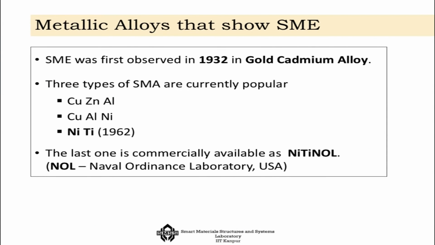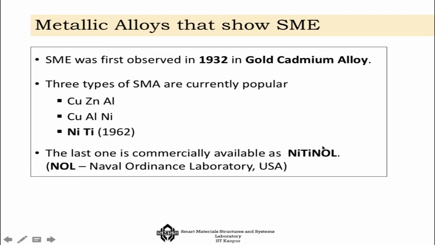Now, the shape memory effect was first observed in 1932 in a gold-cadmium alloy. Later on it was found that there are other alloys, like ternary alloys of copper, zinc and aluminium, or copper, aluminium and nickel, or the best one, which is called nickel titanium.